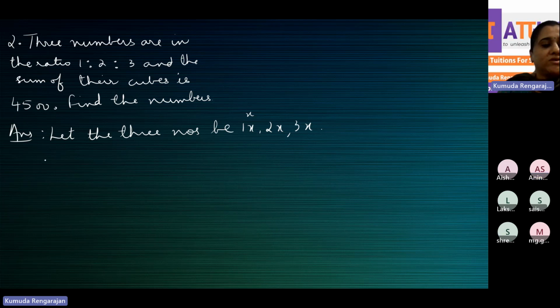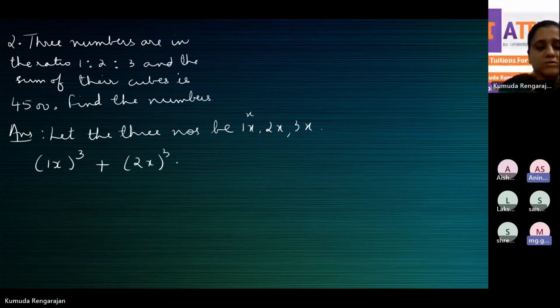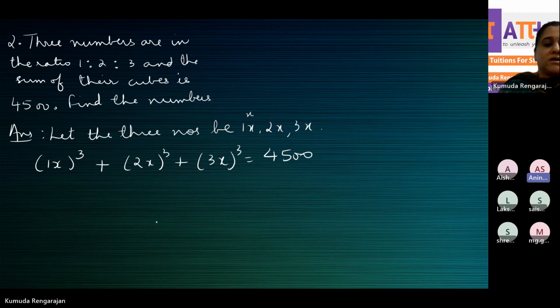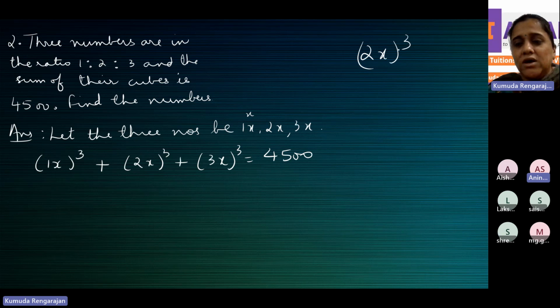The sum of their cubes. So the cube of 1x is x cubed, plus (2x) cubed plus (3x) cubed is equal to 4,500. We must say this is read as 2x the whole cubed.